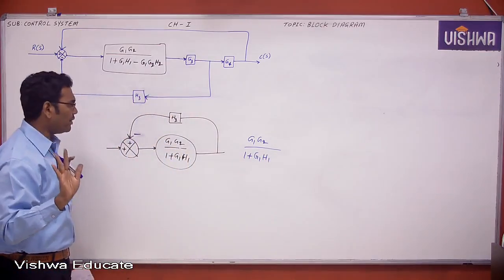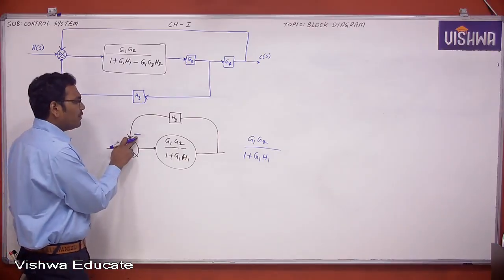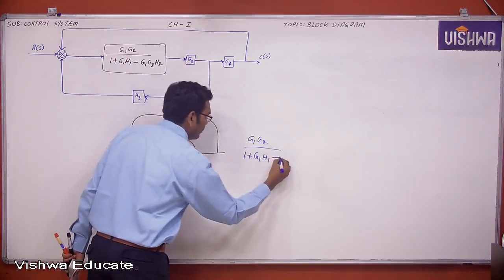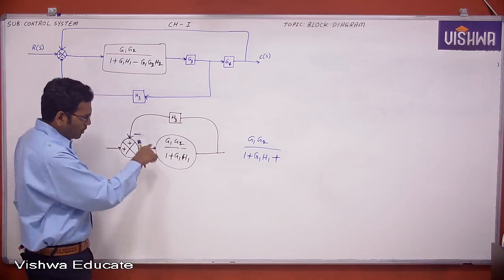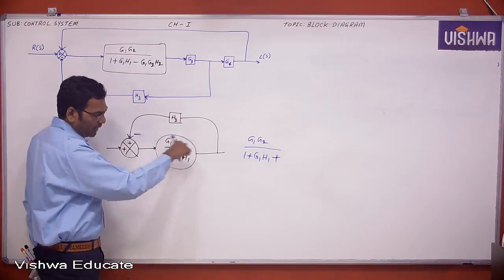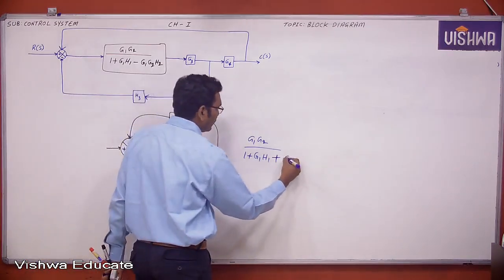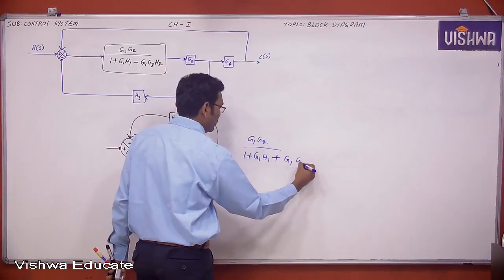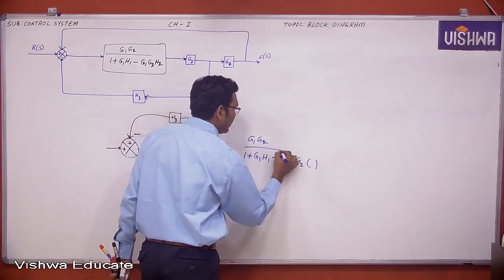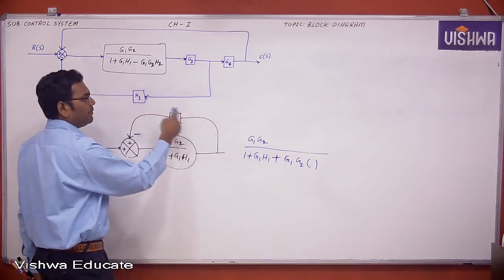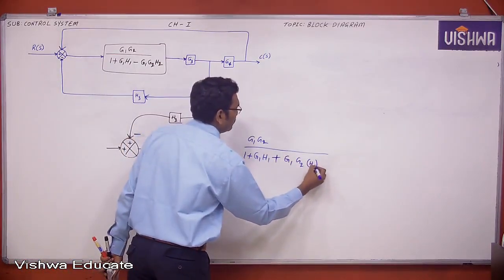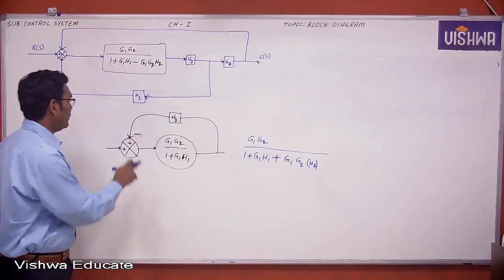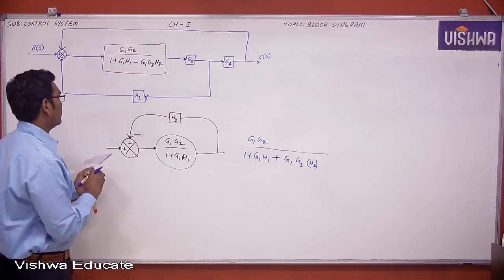Up to this particular point, no doubt. But now this is the negative feedback, therefore here plus the forward path gain component, the numerator component. What is the numerator component? G1 G2, lastly multiplied with feedback path gain. What is the feedback path gain? H2. That is the only difference, okay, if it is a negative feedback. Clear or not? Okay.